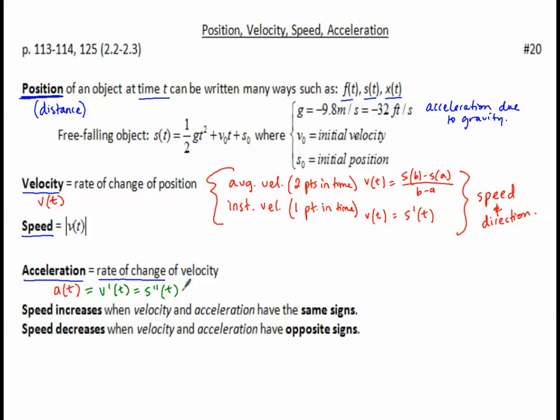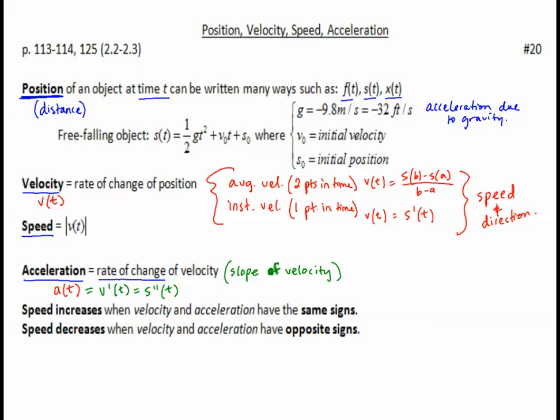We can think of it like that. Since it's the rate of change of the velocity, we can also think of it graphically as the slope of the velocity, if we have a graph of the velocity. So rate of change, we think of slope. Remember, all of the synonyms like each other.